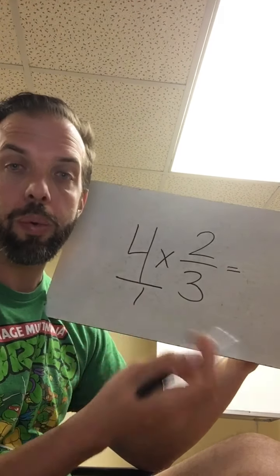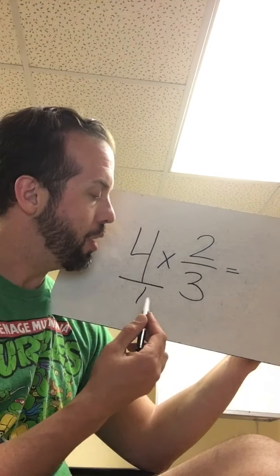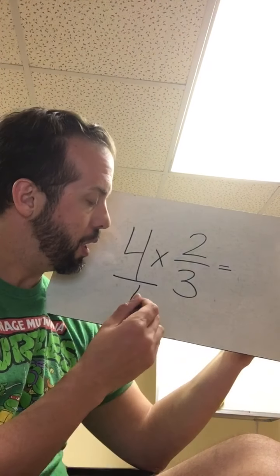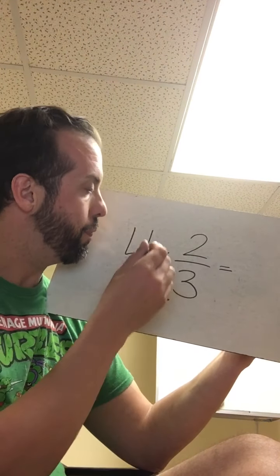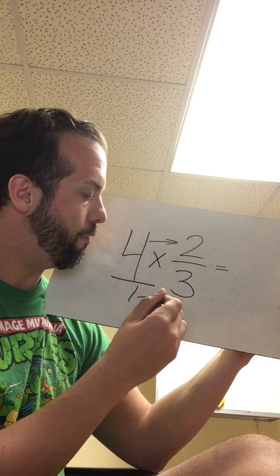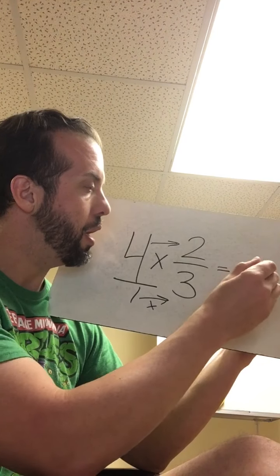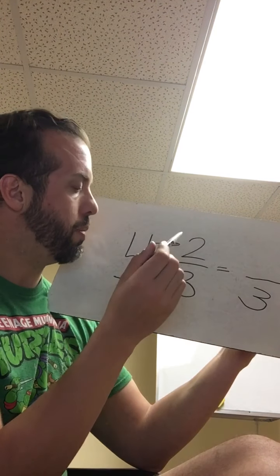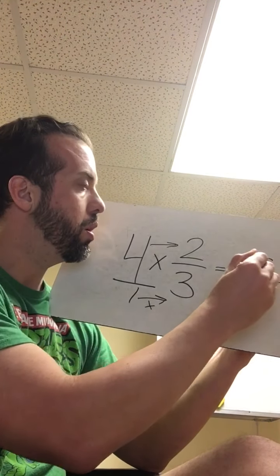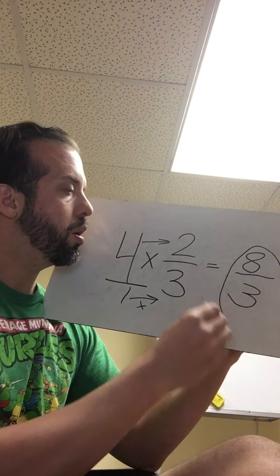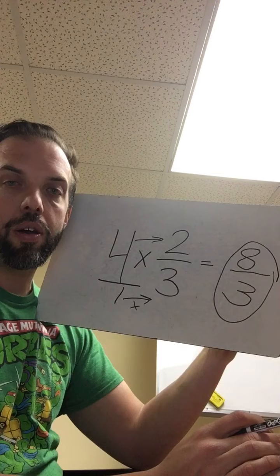But I just wanted you to be able to reference this if you needed it. So now, if you're putting that 1 under your whole number, you're just going across and you're multiplying. So you're going to think 1 times 3 is 3, and 4 times 2 is 8. So 4 times 2/3 would equal 8/3.